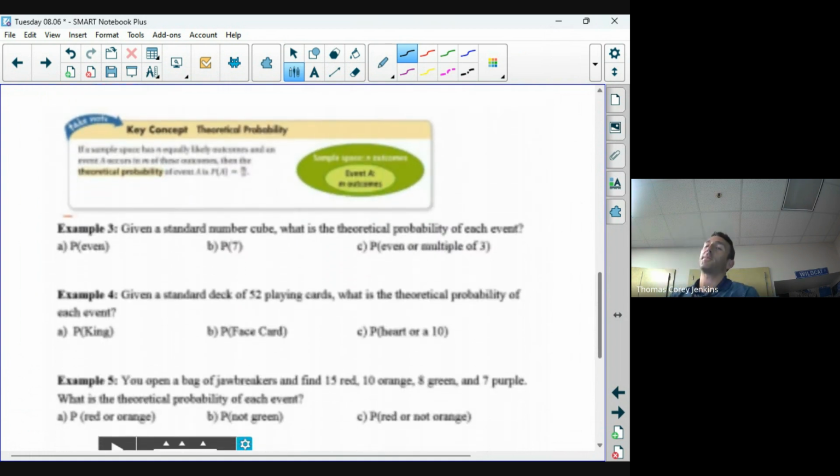Okay, so theoretical probability, you can't read any of that. That's a bad image there. Let's just go ahead and add off to the side.